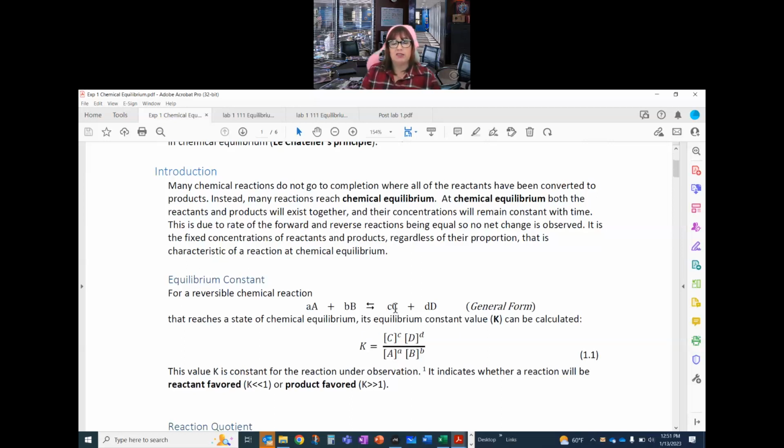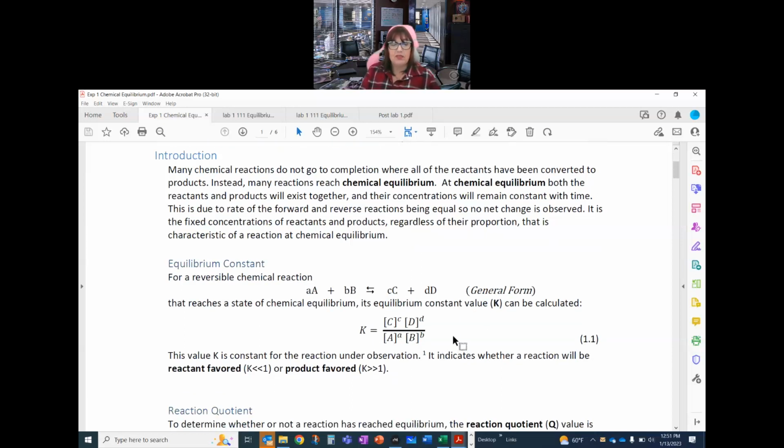So my two products, C and D, have concentration C here, concentration D here. The stoichiometry of C is this little c, and that's the power on that concentration in the equilibrium expression. And then our two reactants, A and B, each to the a and the b stoichiometry in that reaction, also have powers of a and b in my K.